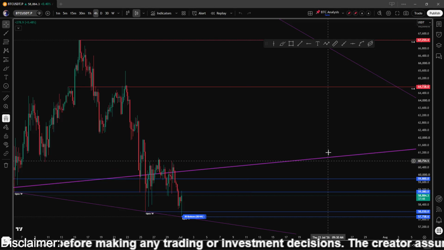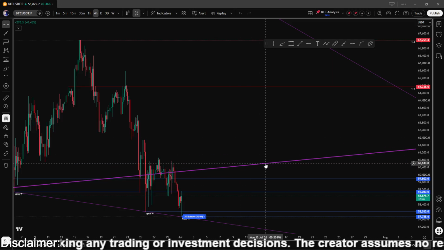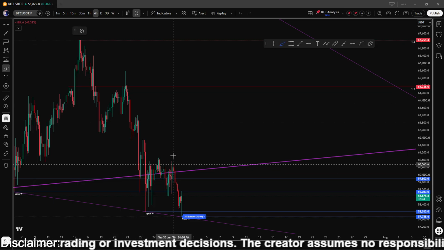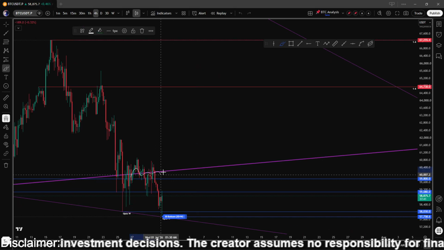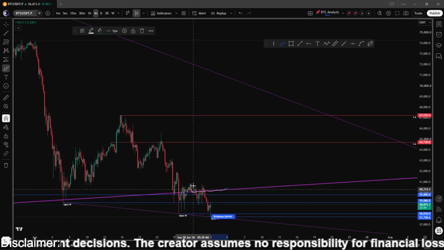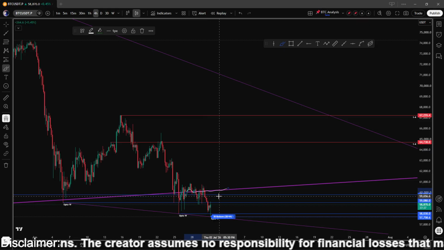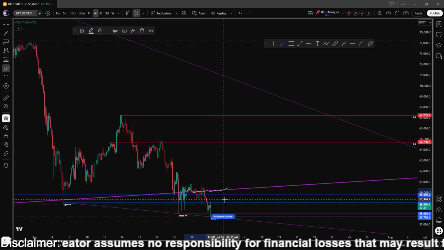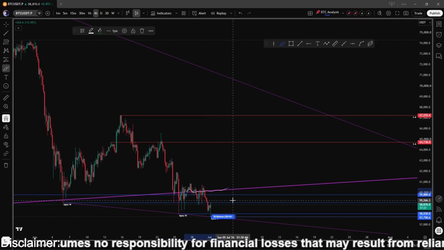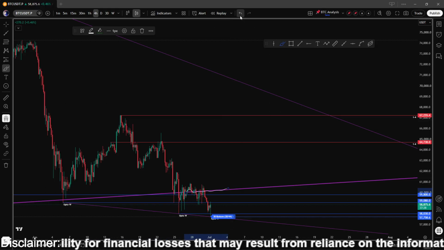So just to point out some of the importance of this level: as long as price is trading below this level for the time being, we can assume the market is in the downside, favorable in the downside, I think.